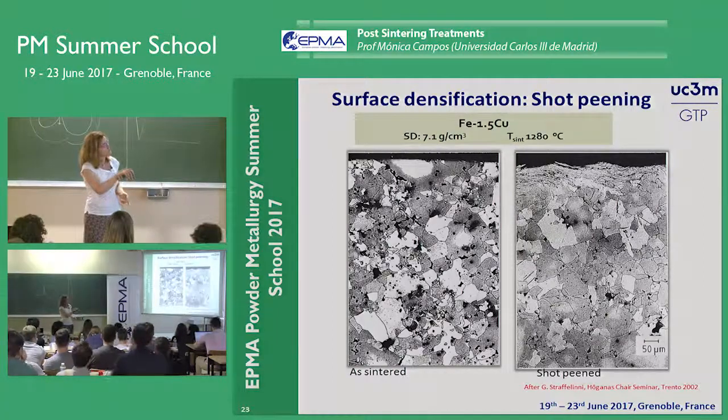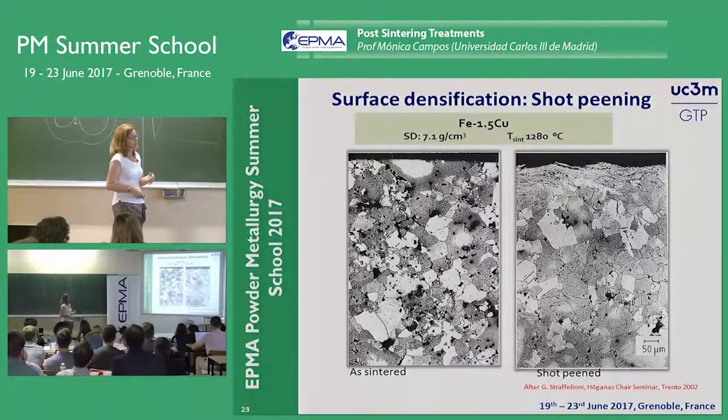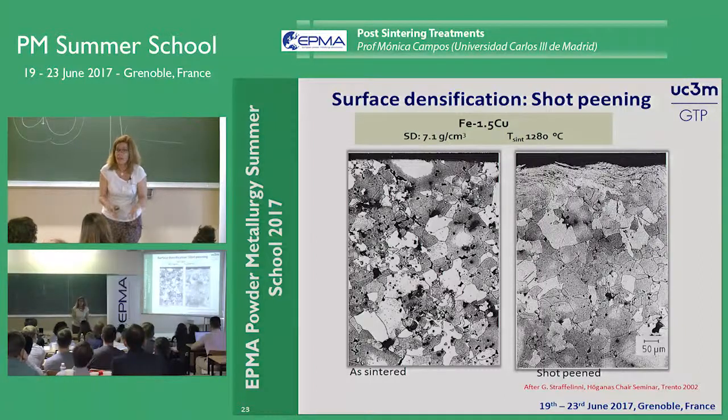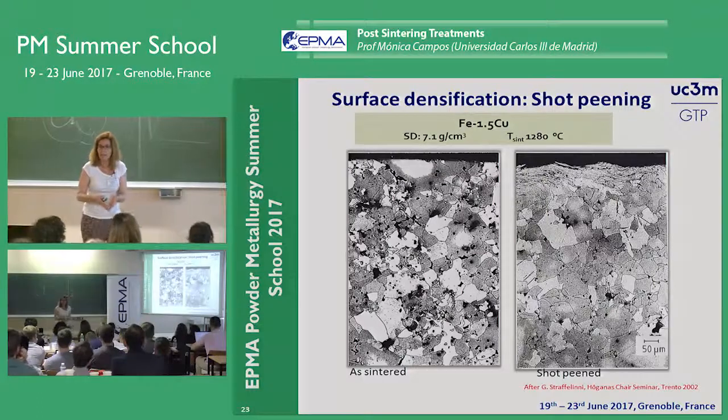But if you perform a section of the part, you can see perfectly how, in that case, this area is heavily deformed and this kind of micro crack is made inside. This shot peening did not succeed. It's too heavy, too much plastic deformation made at the same time.